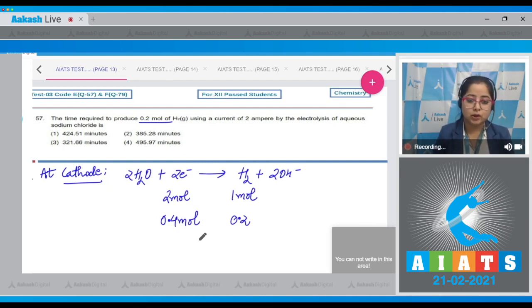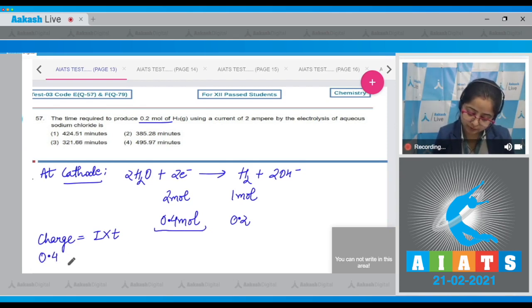Now we can calculate time, since we know that charge is equal to I into time. I is current here. Charge is equal to 0.4 multiplied by Faraday's constant, which is 96500. The value of I is already given, which is 2 ampere, and we have to calculate time.